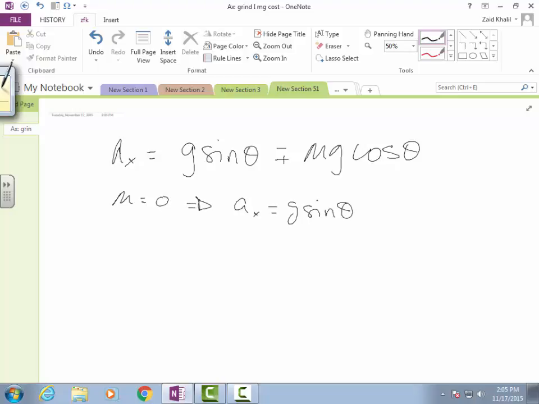What happens if theta is 0? Sine of theta is 0, which means the acceleration is 0. Does that make sense? Yeah, in other words, this is on a flat surface. Is that thing going to accelerate? No. When is that going to be maximized? When theta equals 90 degrees, right? Theta equals 90 degrees corresponds to what?